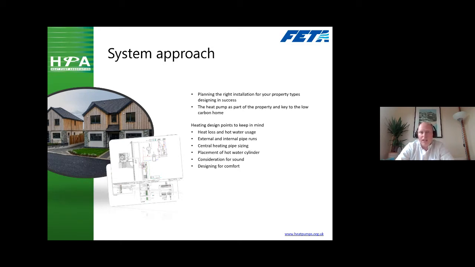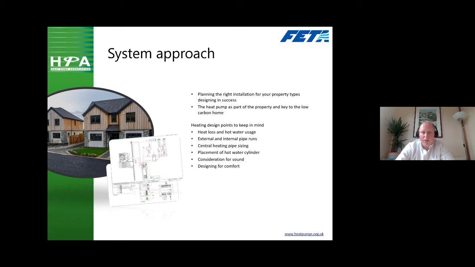So understanding your property and the use of your property, so the heat loss and the hot water usage, taking into consideration both internal and external pipe runs if they're required. The placement of the hot water cylinder is also something that needs to be considered, that has recently dropped out as the development of combi boilers has grown.